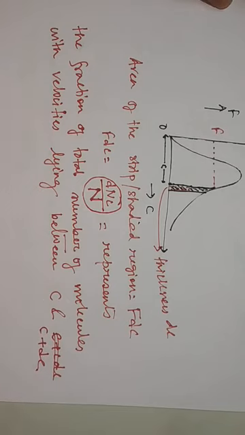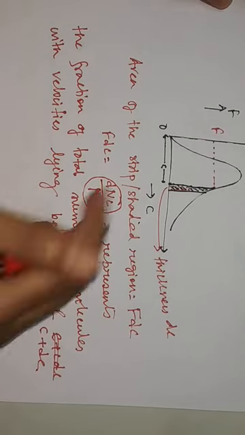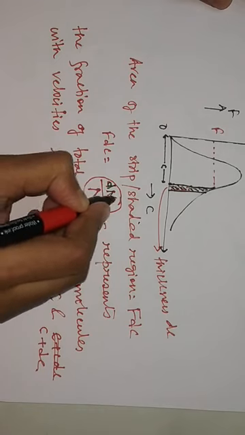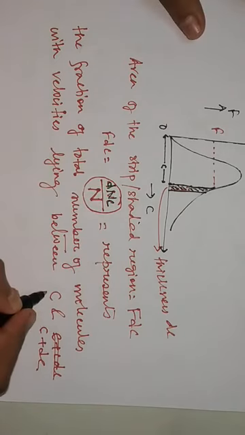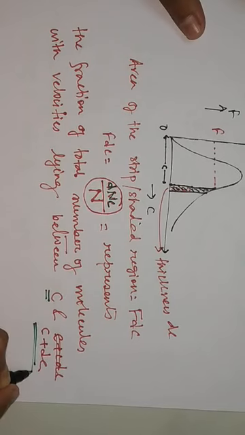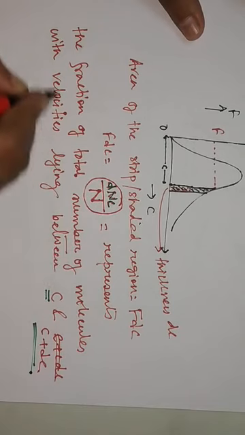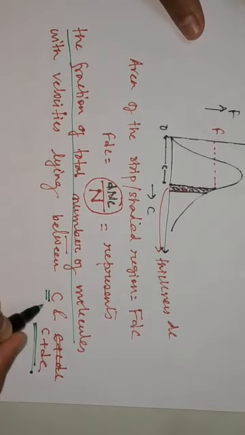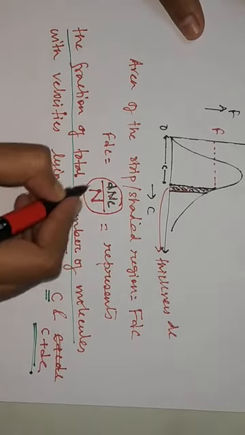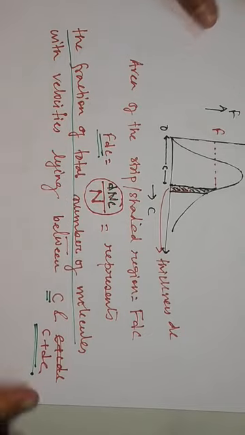We know that these dn_c molecules are moving with velocity lying in the range c and c plus dc. And dn_c by n is the fraction of the total number of molecules, and dn_c by n is again equal to f dc.